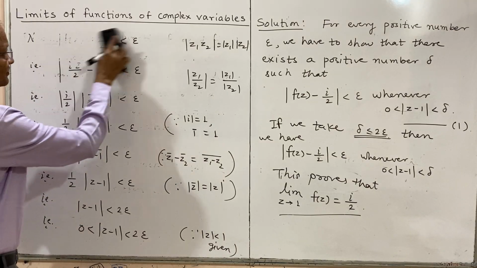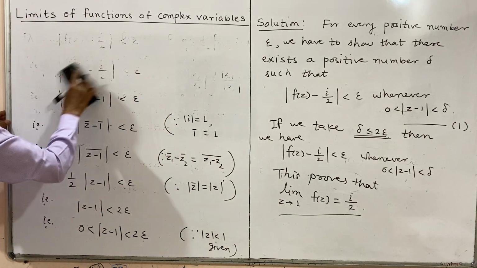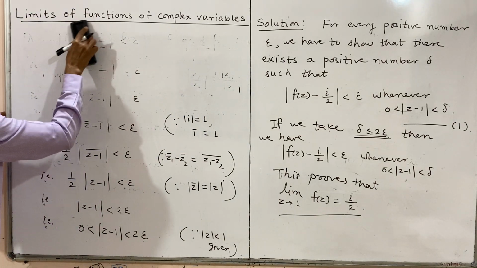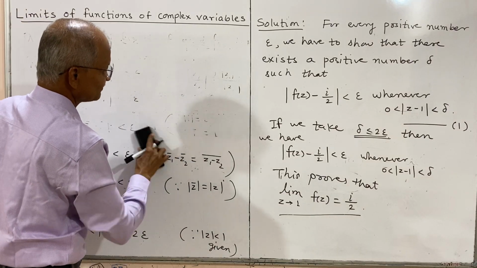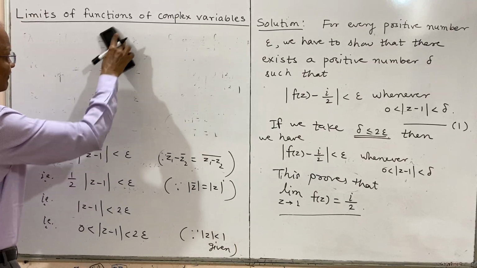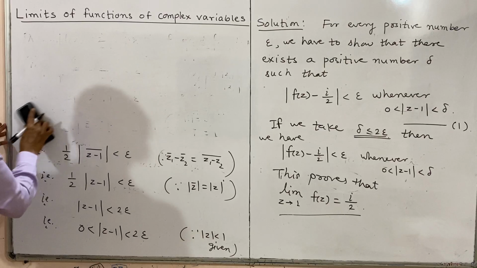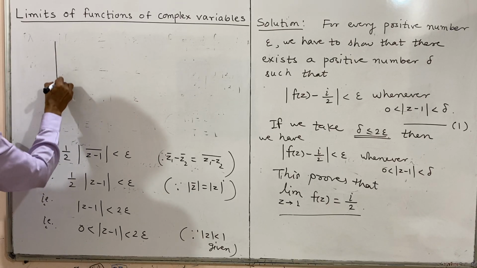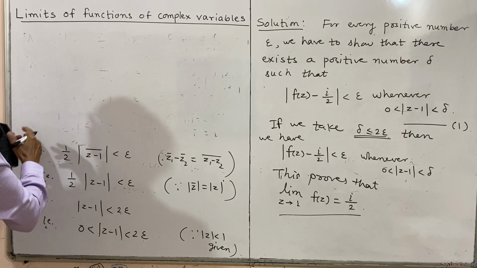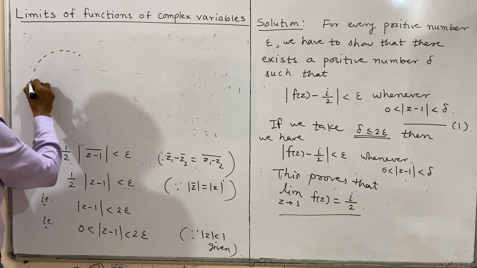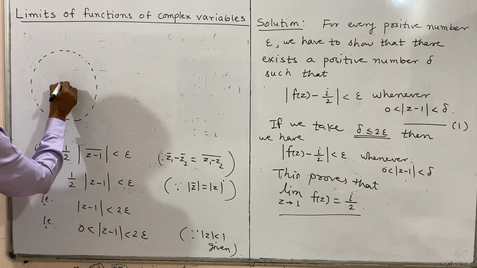Now what is the meaning here in diagram form? See, z approaches 1 and z is within mod z less than 1. So if you draw a figure for this, it will be like this. We have mod z less than 1, and that will be a circle having center at the origin and radius 1.